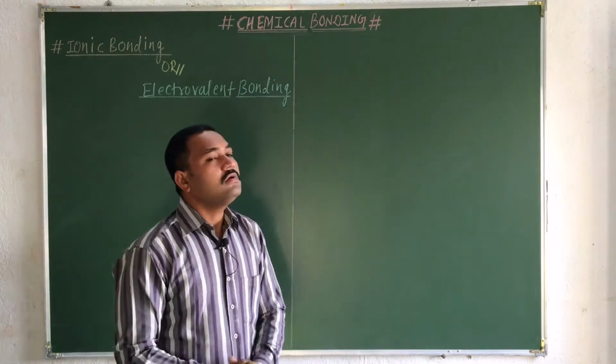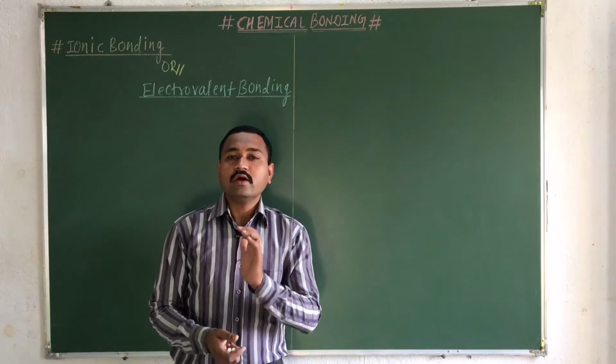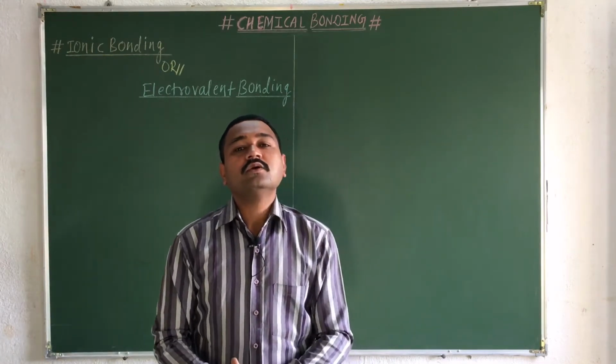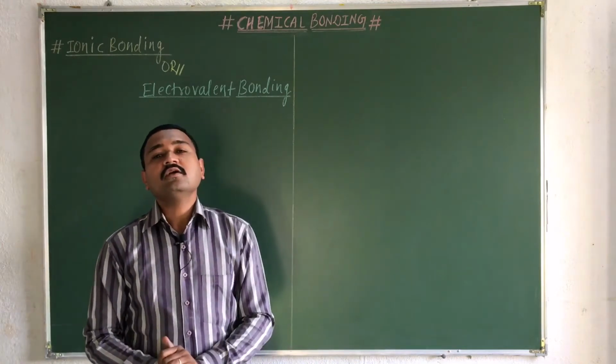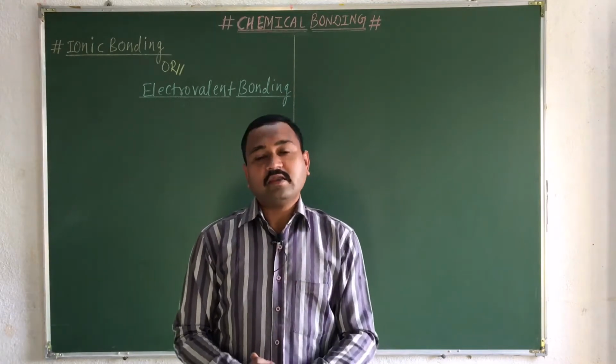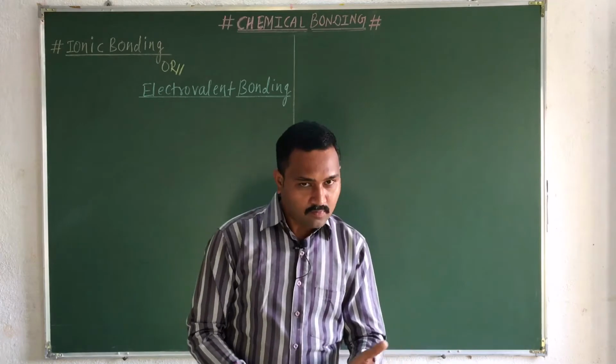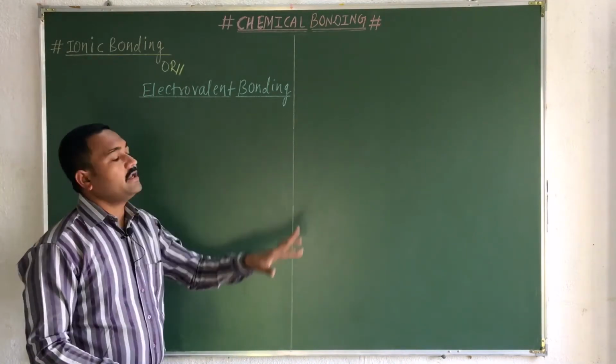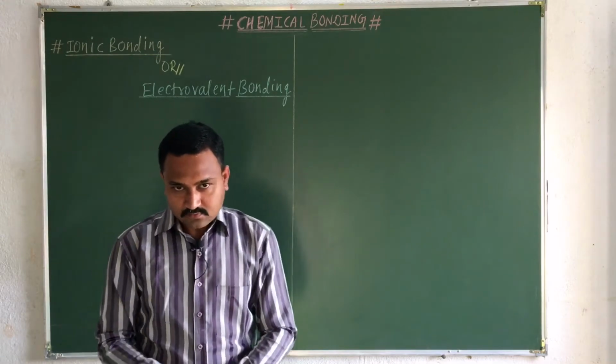On the basis of that, we introduced the new concept, chemical bonding. Generally, bonding is considered in the form of ionic bonding and covalent bonding. Here we are going to deal with ionic bonding, or electrovalent bonding.